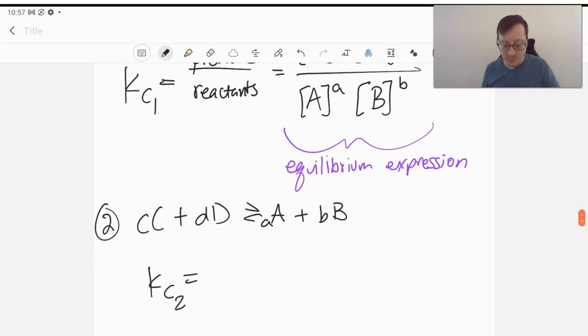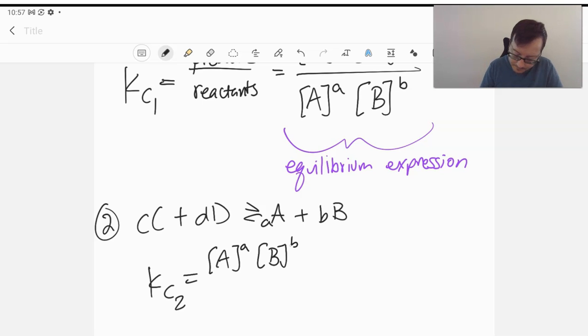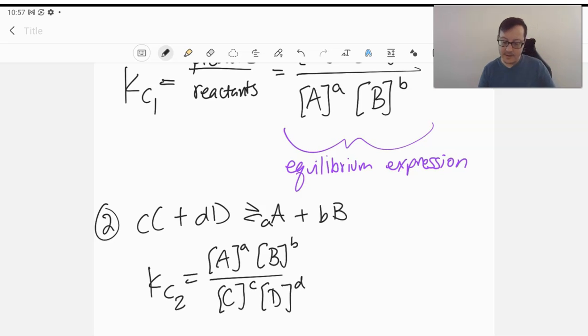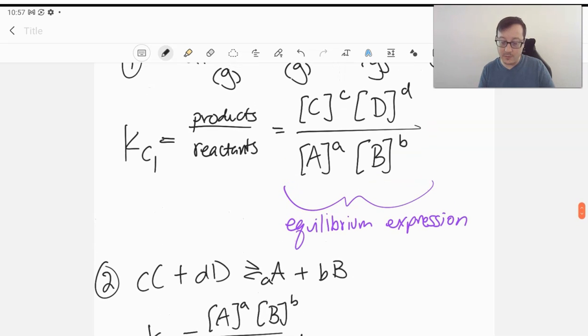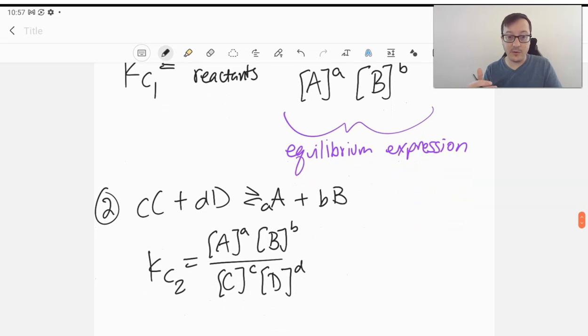So focusing on the reverse reaction here, we're going to get A to the A power, B to the B power, C to the C power, and D to the D power. And if we compare with Kc1, we see that it's the inverse of it. And if we look at the second Kc, it's the opposite, right?